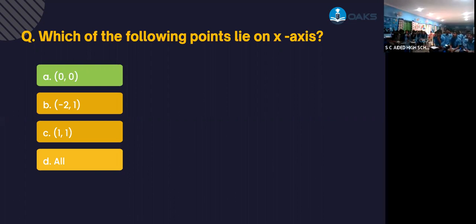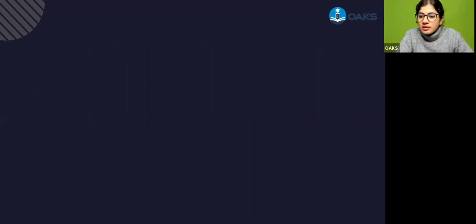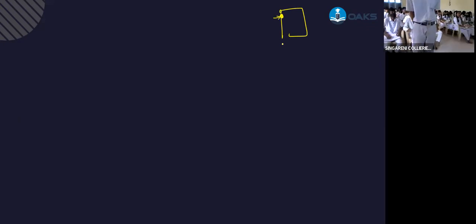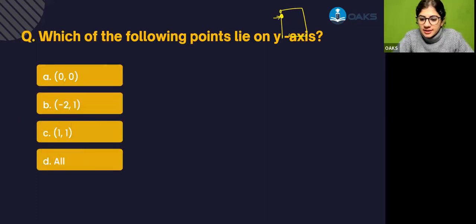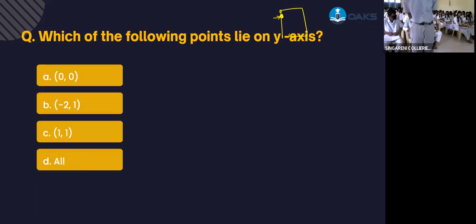Let's see. So, from school 1, I'll be calling like 6, 1 from boys. And from school 2, boys, I'll be calling like second last row, first boy. Okay. So school 1, this is your question. Kindly tell me the correct answer. Yeah, madam.